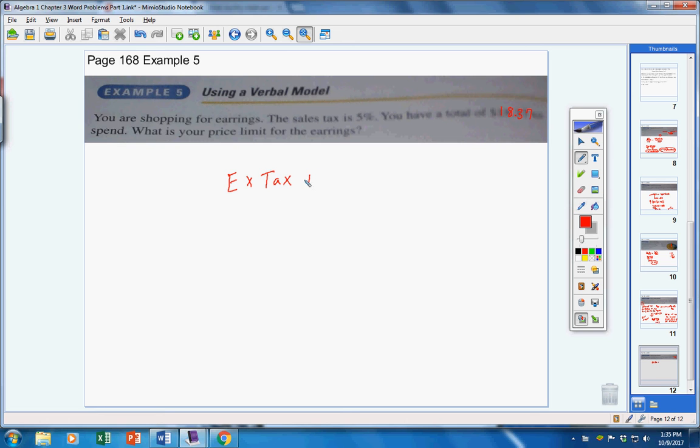Then you add that back to the cost of the earrings, and that gives you your total cost. For example, if you buy something for $10 and the sales tax is 10%, you multiply this times 10 and you get $1, okay? And then you add that to the $10 and your total cost is $11.